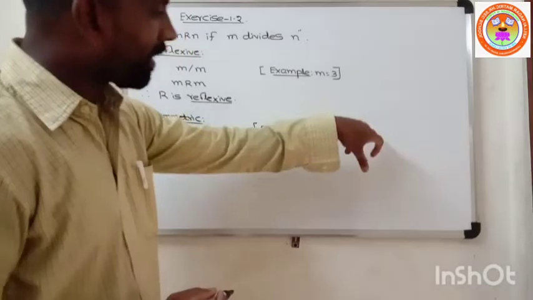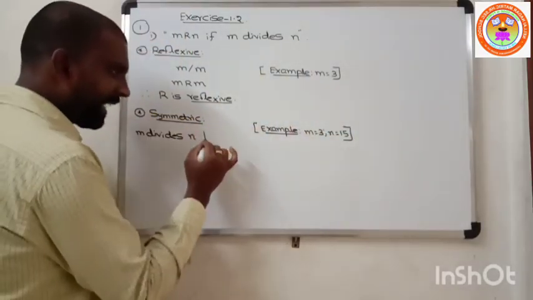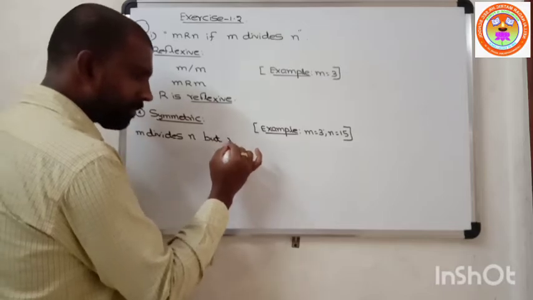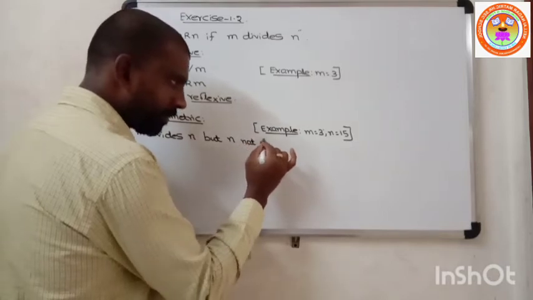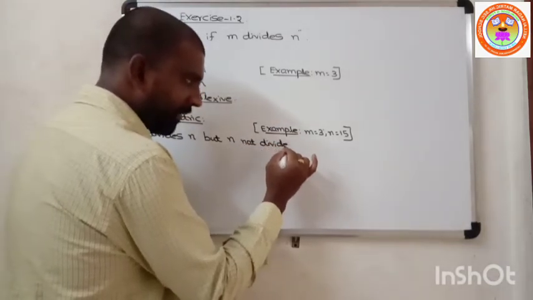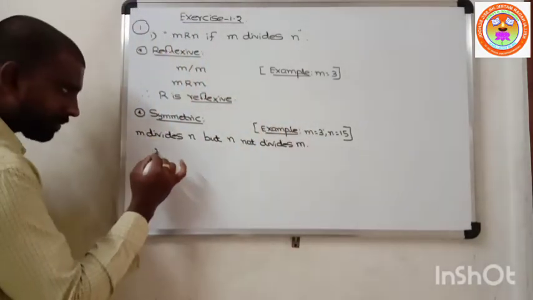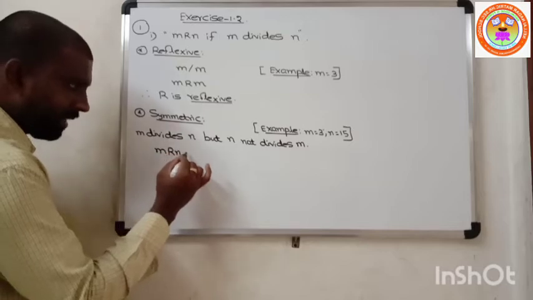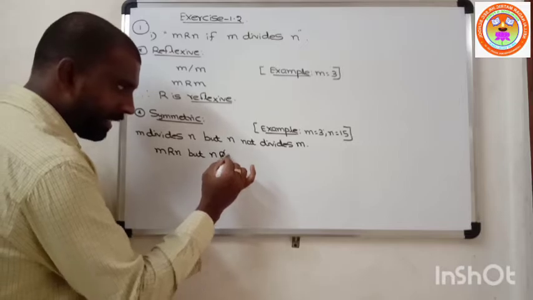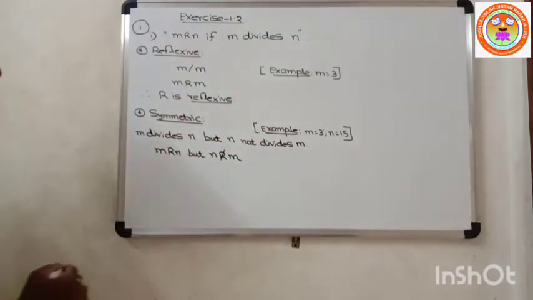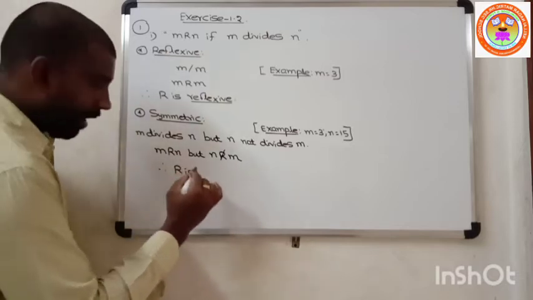But 15 does not divide 3. So m divides n, but n does not divide m. So m related n, but n is not related m. Therefore, R is not symmetric.